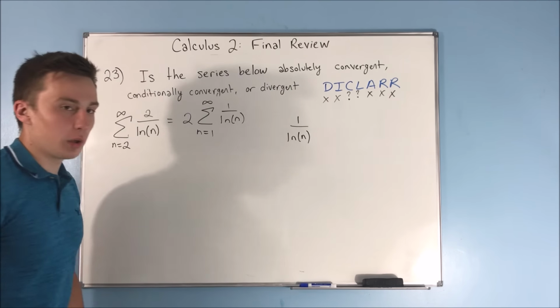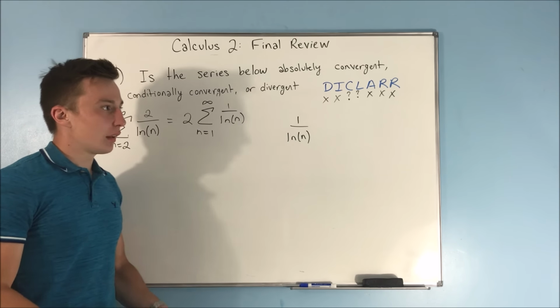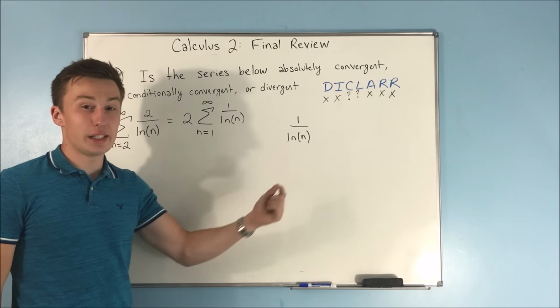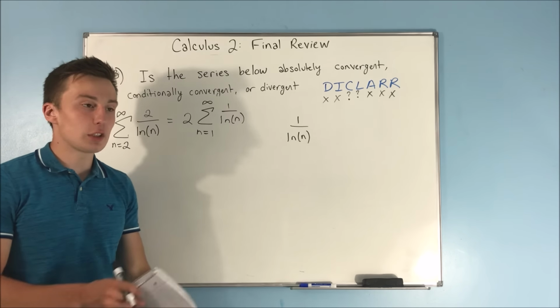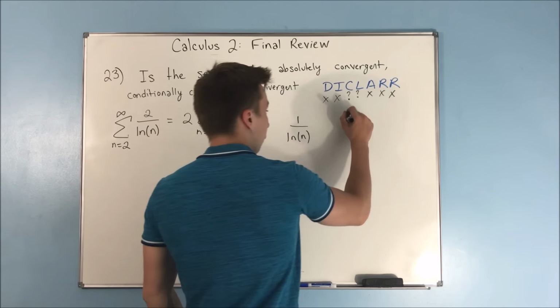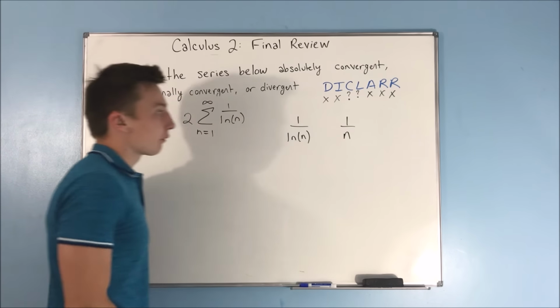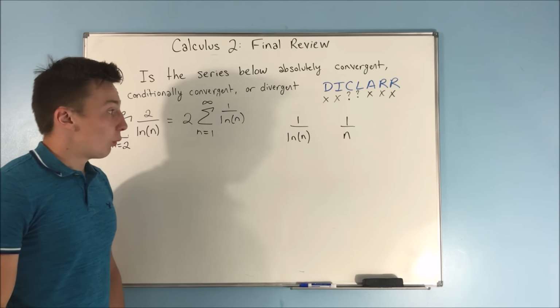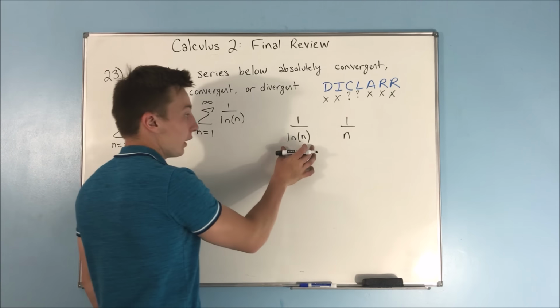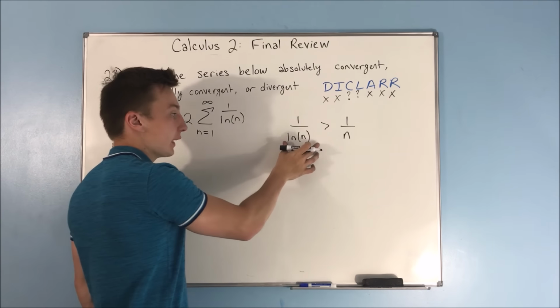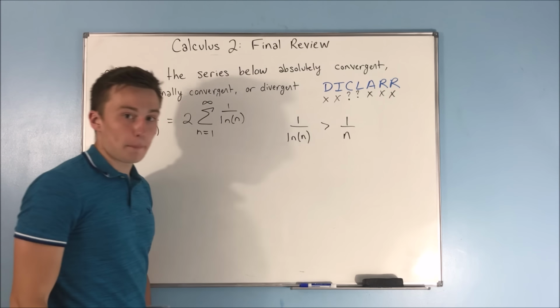And I've done this before in another video, because this is an extremely hard comparison to really kind of see. I mean, it's not as intuitive. That's why I say it's hard. But you want to compare this to actually just 1 over n. Okay? Why do you want to compare it to 1 over n? Well, 1 over natural log of n is actually going to be greater than 1 over n, because natural log of n is less than n.